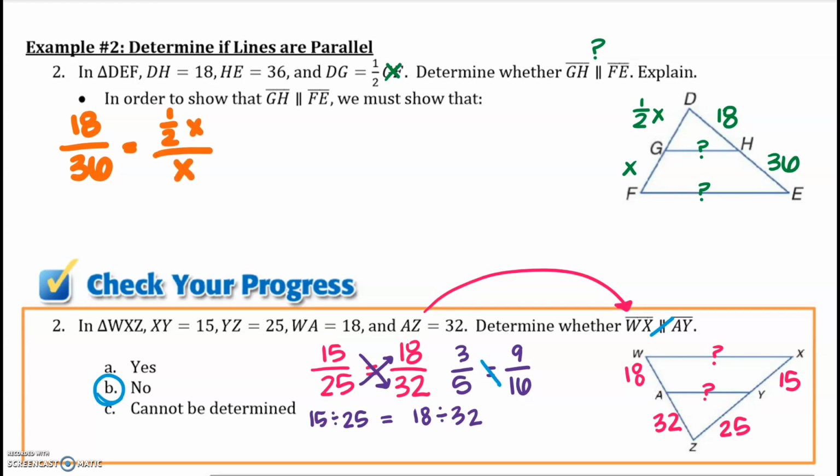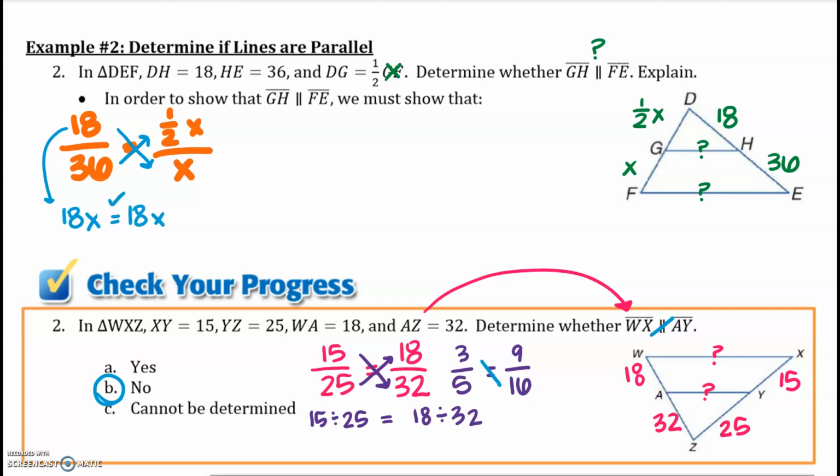And that looks like a lot, but just keep going. Set up your proportion like you know, and then solve. Again, a couple different ways you can do it. You can reduce your fractions. You can cross multiply. So does 18X equal 1/2 times 36 is 18X?